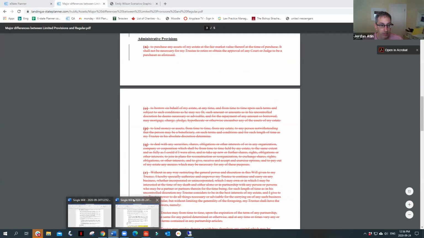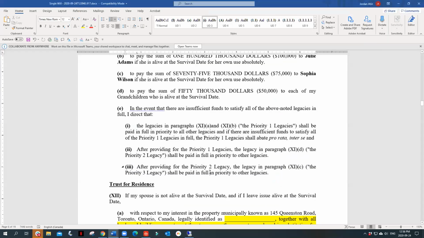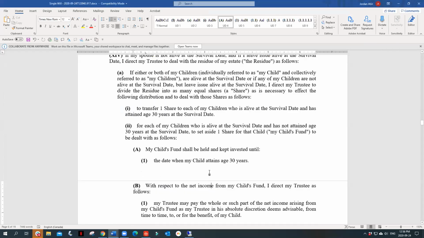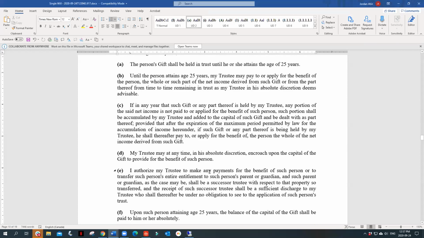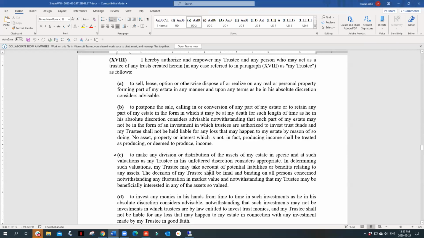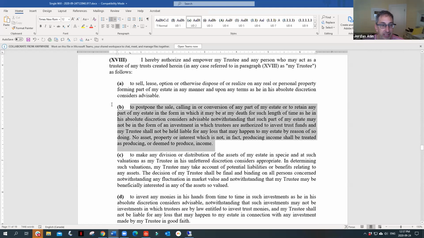He's saying, I would like some ultimate limits specified. I wouldn't want my trustee just sitting on the assets indefinitely and not dispersing them. Right. If it's an immediately distributable estate, this does not allow them to hold it indefinitely. All of these powers are within the scope of a fiduciary's duties.